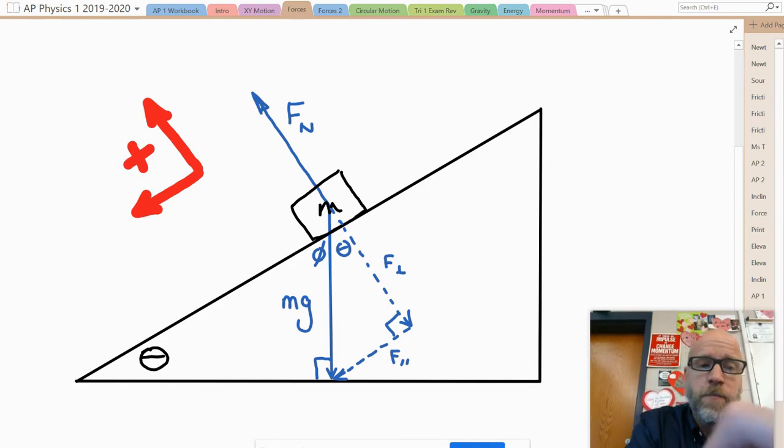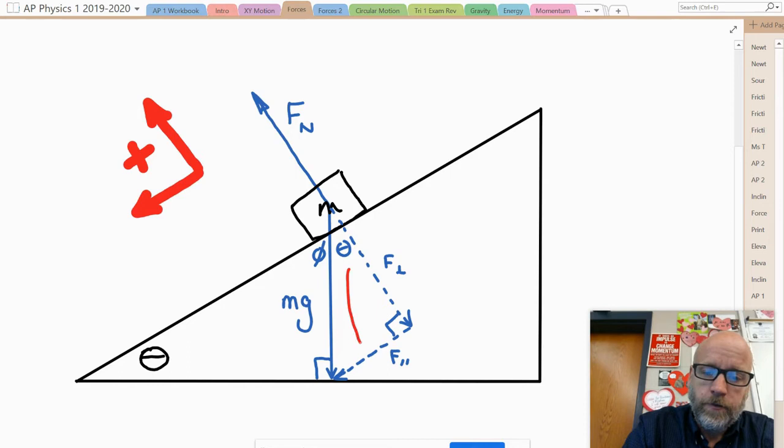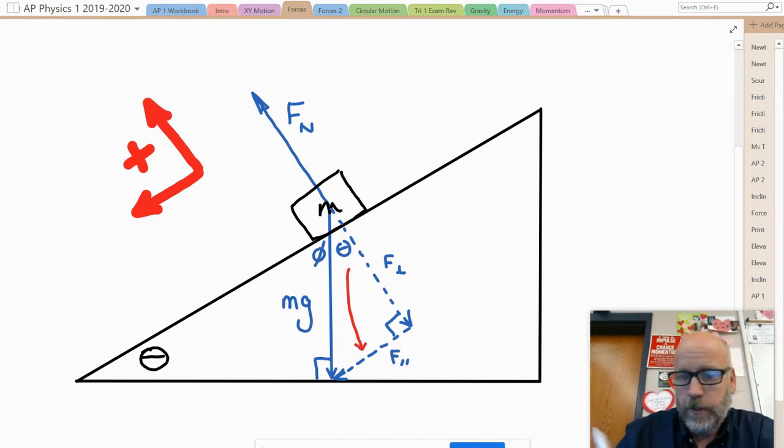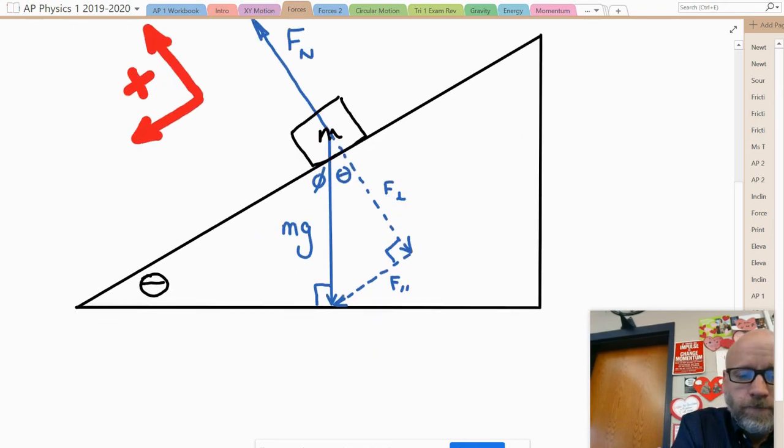That means that F parallel is opposite. This force is opposite the angle. So if I were to solve for F parallel, it's parallel to the direction of motion.